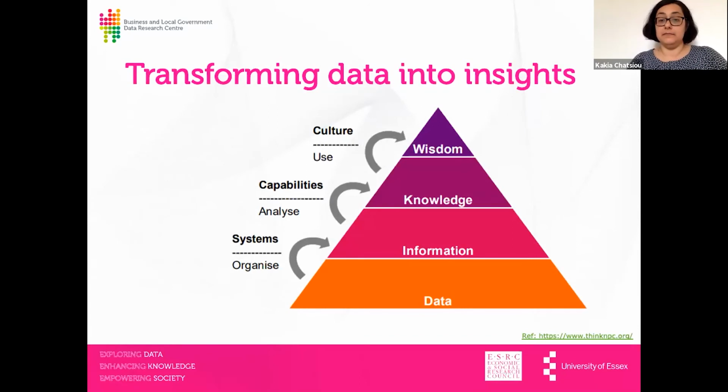So what you really need to do to transform data into insights is to start from the raw data, be it numbers or text, and then through systems, capabilities, and culture move to a point where you can organize and analyze and use the insights for your decision making.